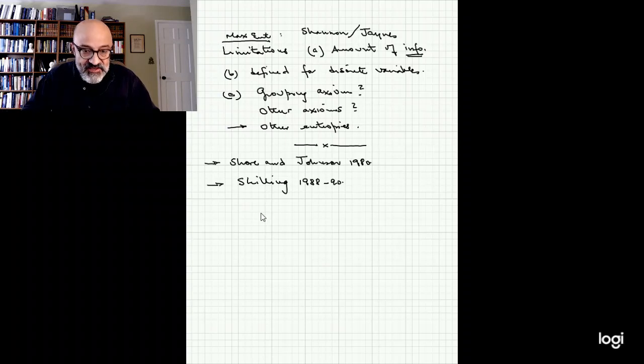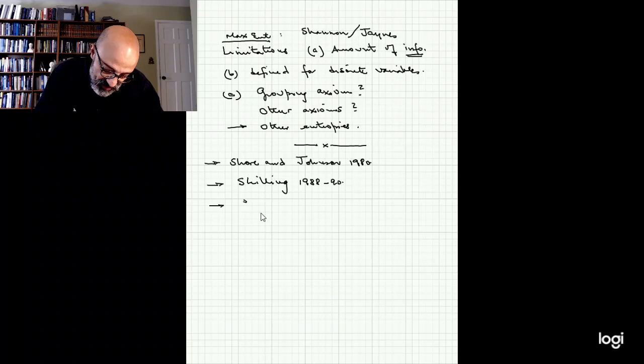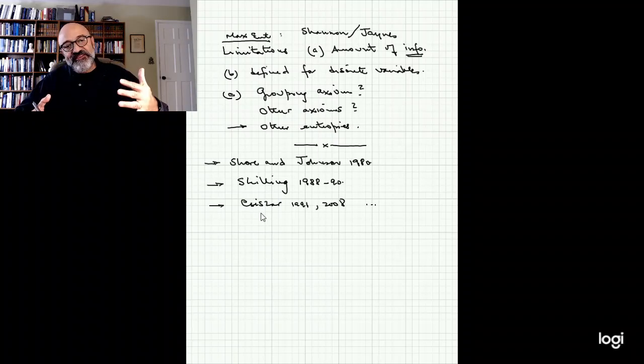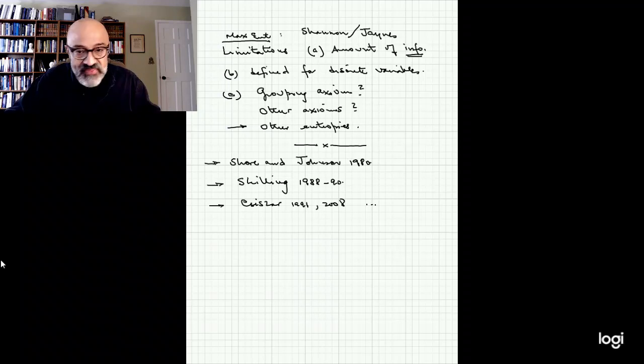And several other people cleaned these things up further and further. Caesar, 1991, 2008, and so on. And of course, these things have been going on for a long while. My own research has been involved very much in this direction, starting around the 1990s, 1994. That's when I started doing some of this stuff.